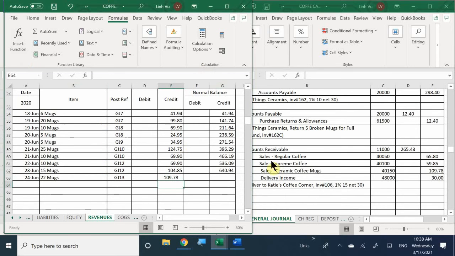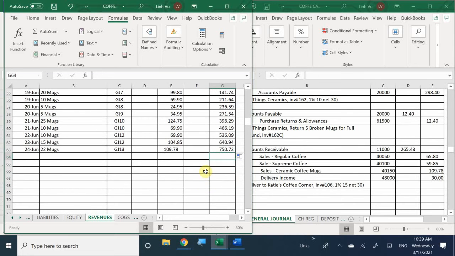So what's my grand total of coffee mugs I sold? $750.72. Good.